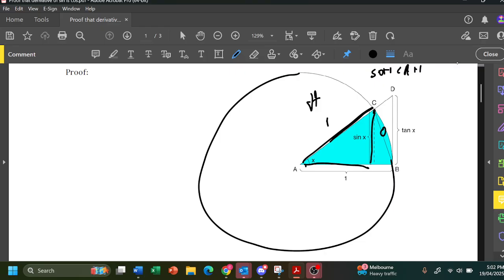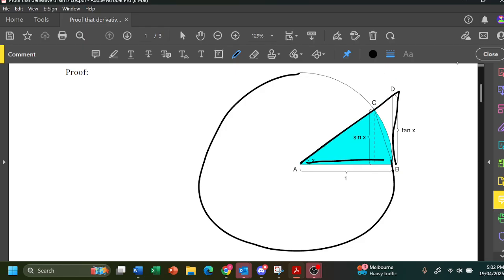And by the same token, if we were to just look at the larger triangle here, so this triangle right there, if we consider this as a giant right angle triangle with this angle here x, we can see that the adjacent side is equal to 1. Because this is a unit circle, the distance from A to B, that radius down there, is the radius of the circle, so of course it's just equal to 1.